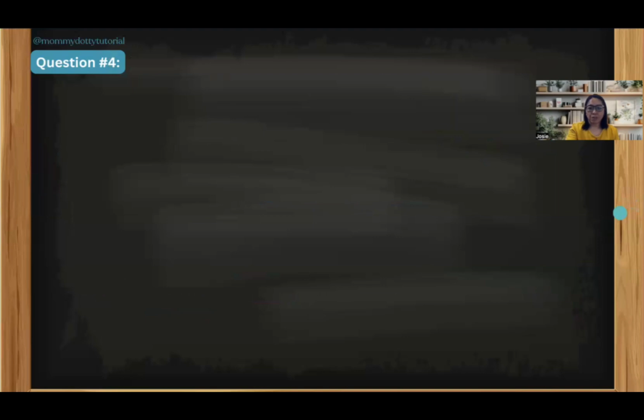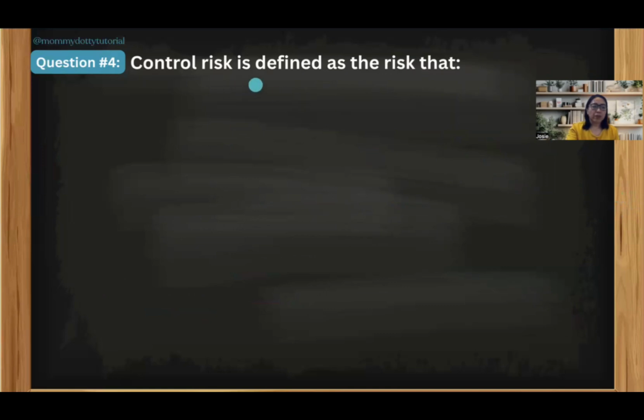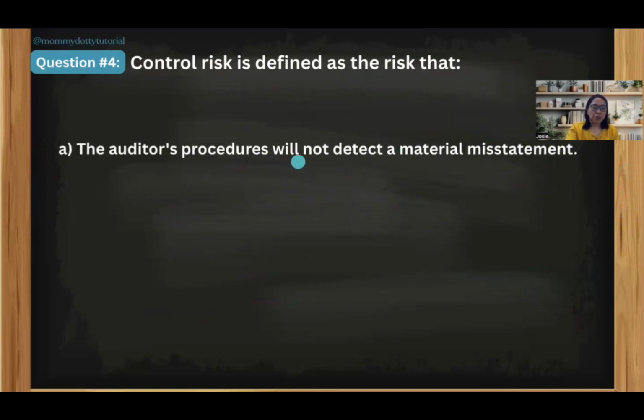Now let's go to question number 4. Control risk is defined as: A, the risk that the auditor's procedures will not detect a material misstatement. So control risk is defined. Ito yung control, ito yung pinag-usapan natin na yung management.